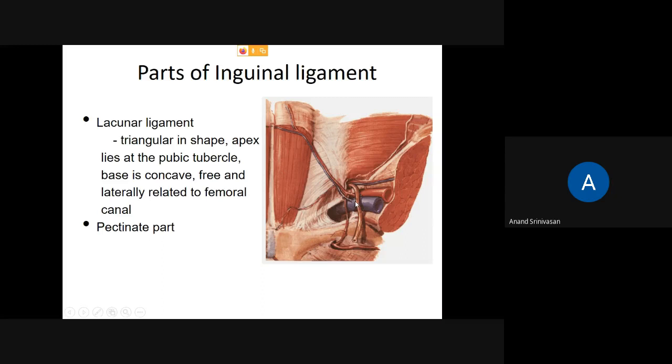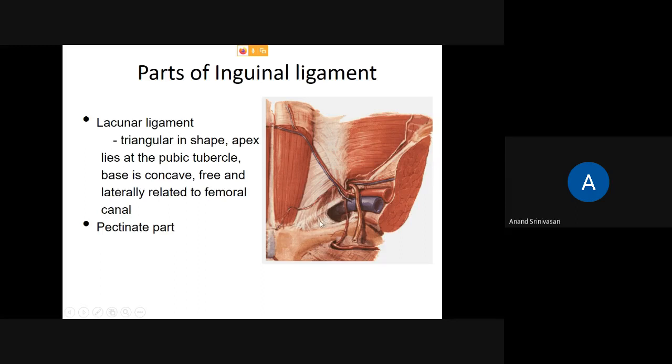If you remember in your lower limb class, if you want to extend the femoral ring, you need to cut through the lacunar ligament.